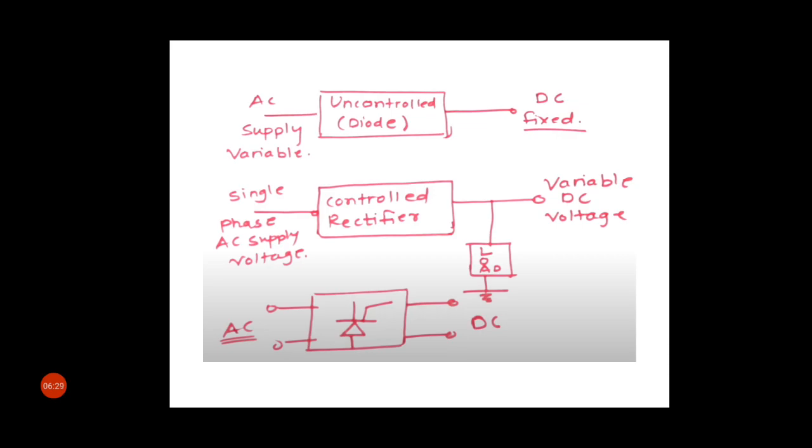See the first diagram. Here we convert AC to DC by using a diode. When we use a diode, we cannot control the operation of the diode. Either the diode will be forward biased or it will be reverse biased.